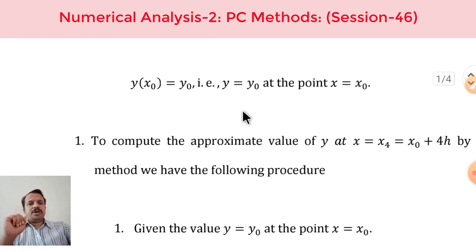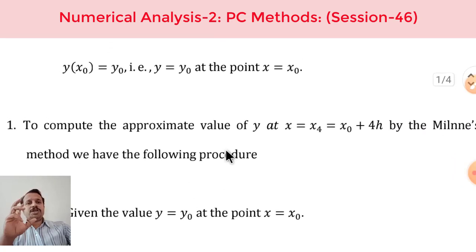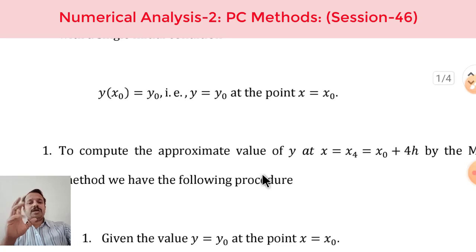Since the differential equation is of order 1, we can say that the initial value problem is of order 1. Now, what is our objective? Please try to understand at this point. If you compare this with the previous Adams-Bashforth method, the value at which we wanted to compute y, we used to take as x1.